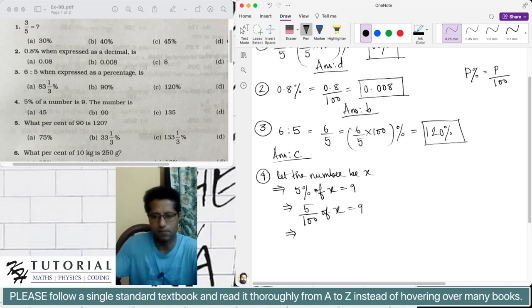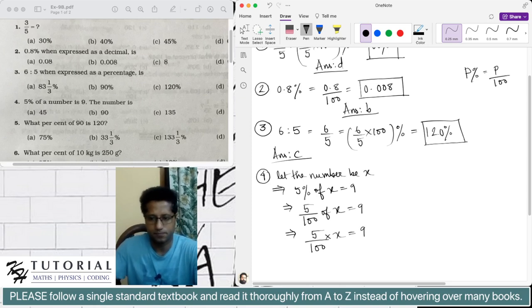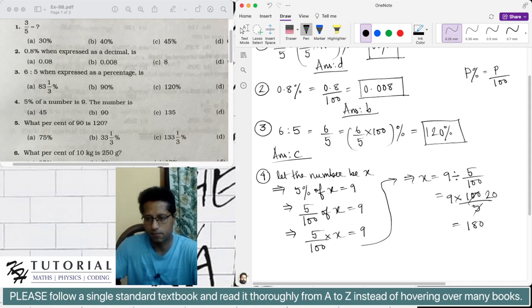This implies 5 by 100 of x. Of operator means multiplication. So we have 5 by 100 multiplied by x is equal to 9. And hence we can say x is equal to 9 divided by 5 by 100. This is equal to 9 multiplied by 100 by 5, and if you do cancellation, we get 180.